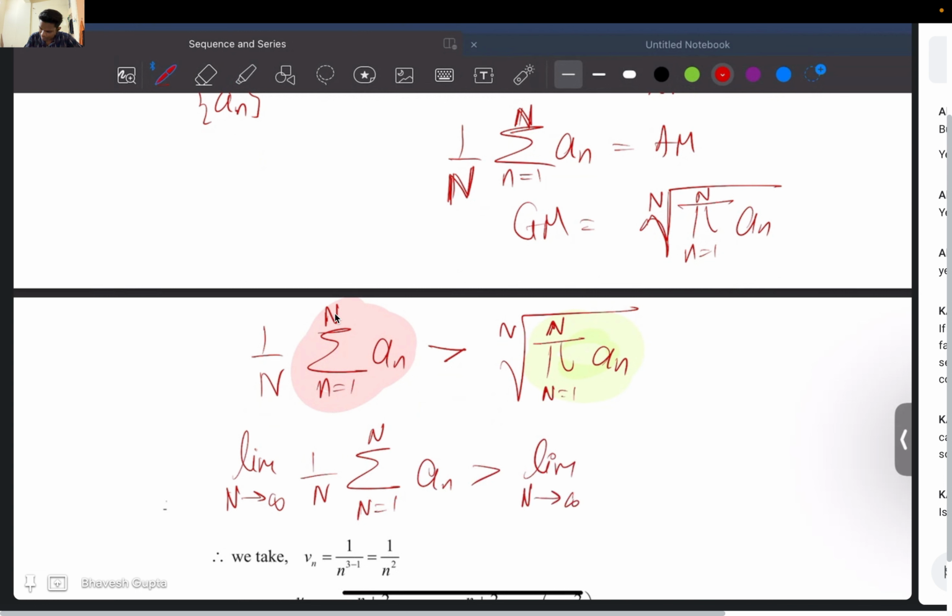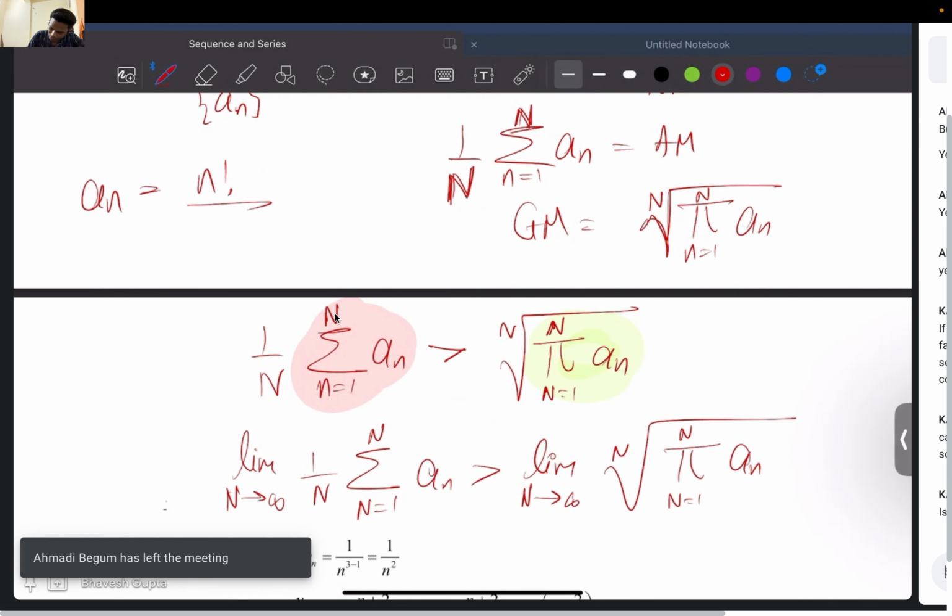It's nice that I have discussed this, because this might be helpful in some of your problems if you get stumped. And how can you identify that you have to use this? You have to see whether the multiplication helps you or not. For example, you might have n factorial upon n plus 1 factorial, and you can see that this will help me.